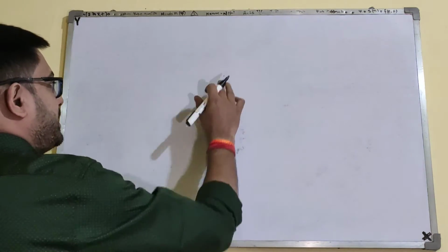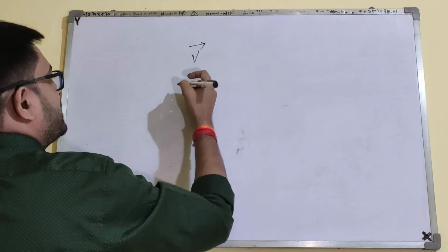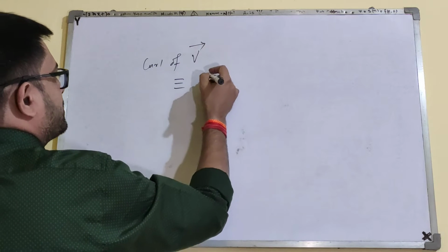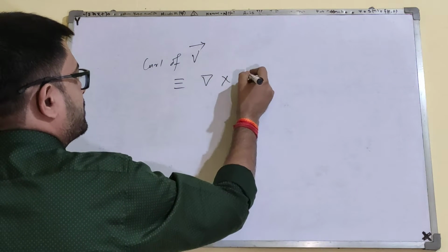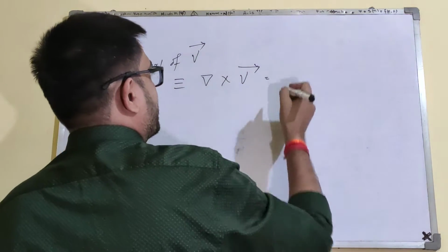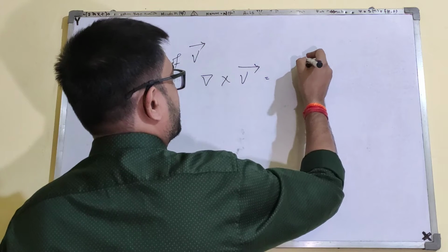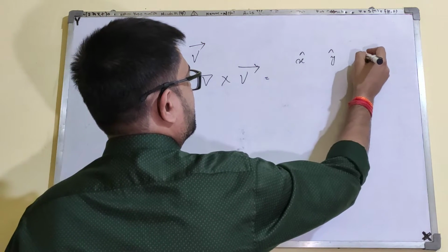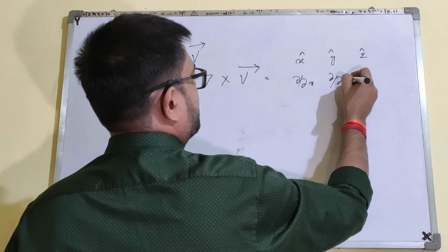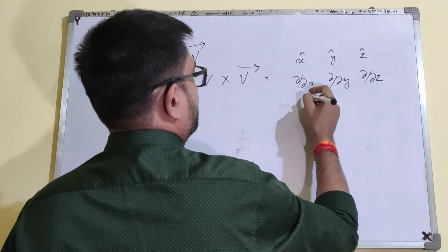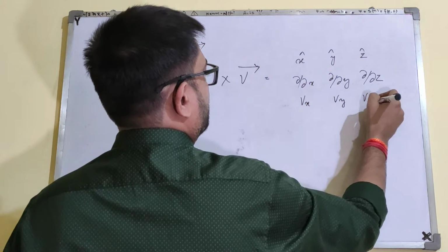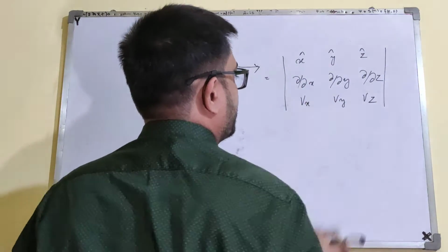The curl of a vector field V is given like this, and if you try to expand it, it is like this in the determinant form.